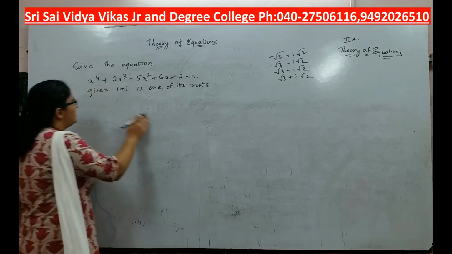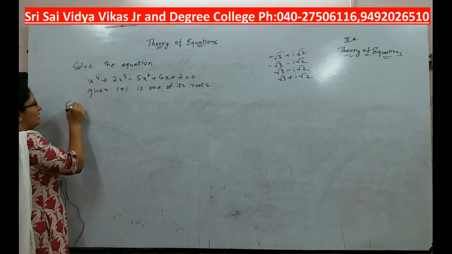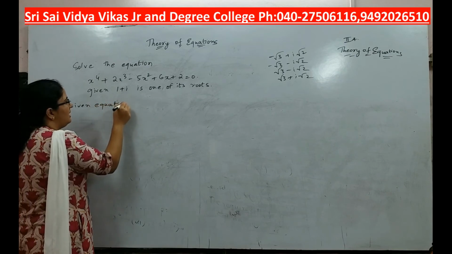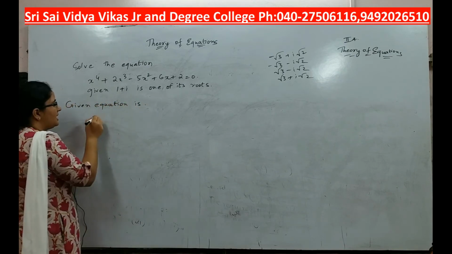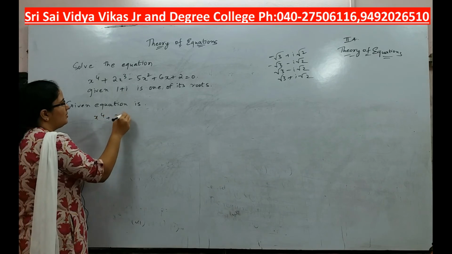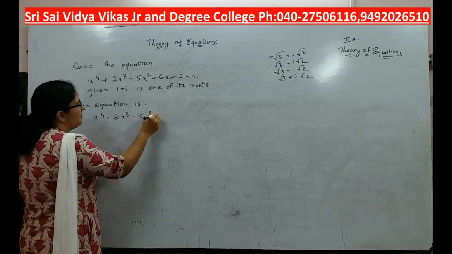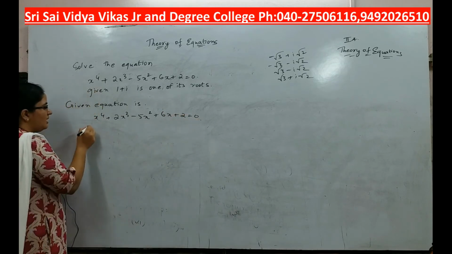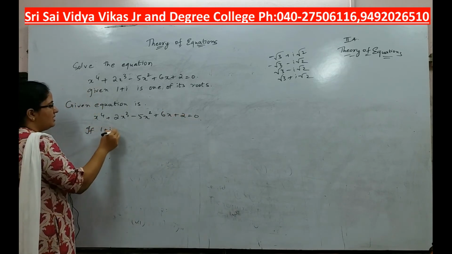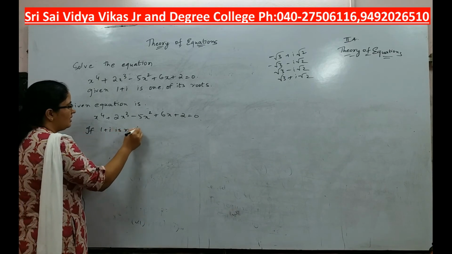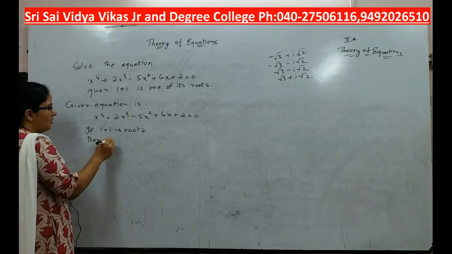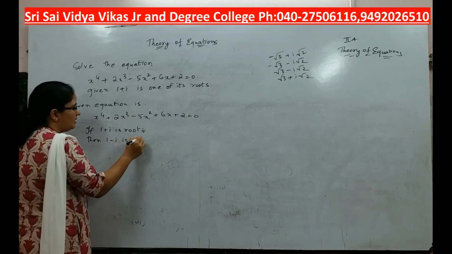Now, what is the given equation here? Given equation is x power 4 plus 2x cube minus 5x square plus 6x plus 2 is equal to 0. If 1 plus i is a root, then 1 minus i is the other root.